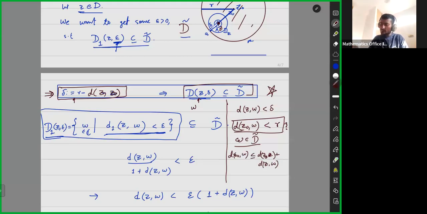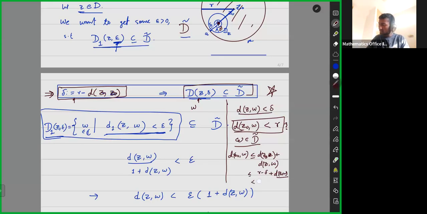But how is delta defined? Put it here. d(z naught, z) is r minus delta, so this is less than or equal to r minus delta plus d(z, w). And d(z, w), by the further hypothesis, is less than delta.